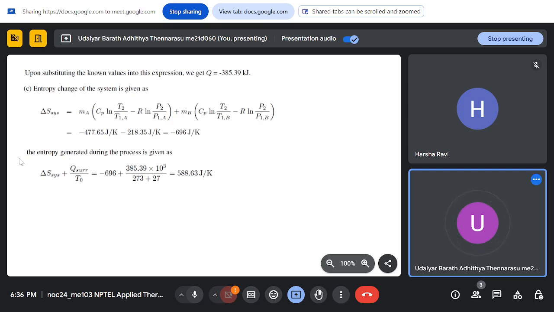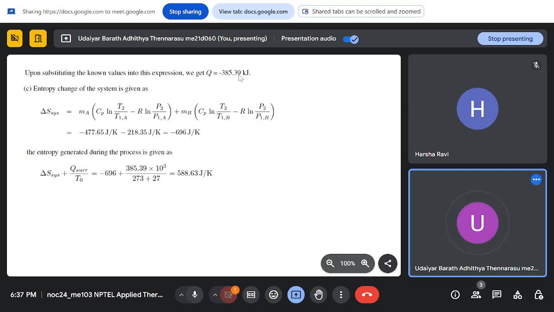Now we have to find out the total entropy generated, that is, the entropy generated in the system and the surrounding. The system we have already found out. The surrounding is at ambient temperature, and you are supplying it some heat, which we found out as 385.39 kilojoule.